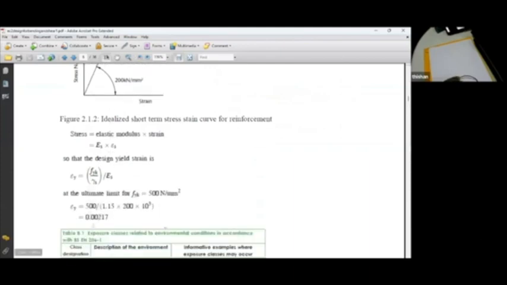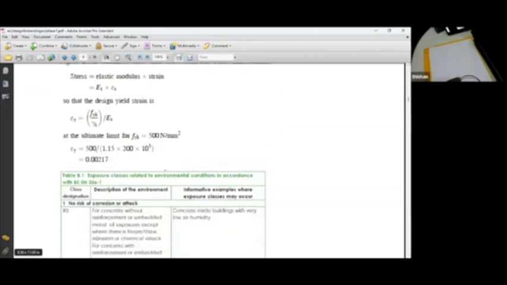But now we are using 500 steel having a bigger working stress, that is 500 multiplied by 0.85, which is about 530 maybe. And then you get 0.00217. So those are the changes.